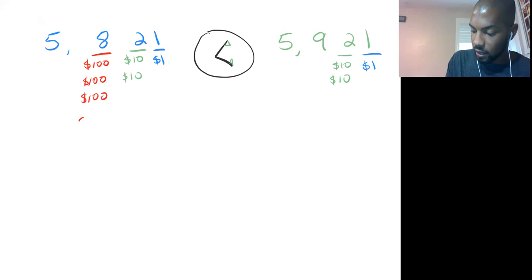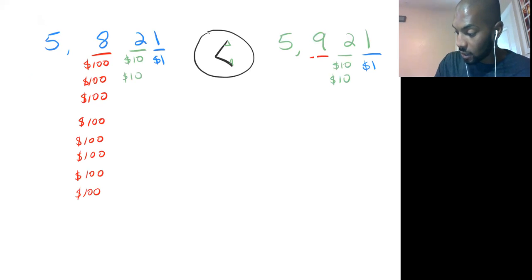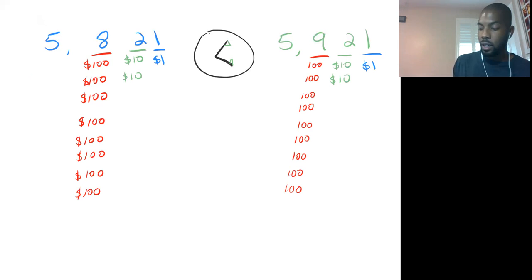And the other one has more. It has 9, right? So there are 9 hundreds. 9 100s are more than 8 100s.